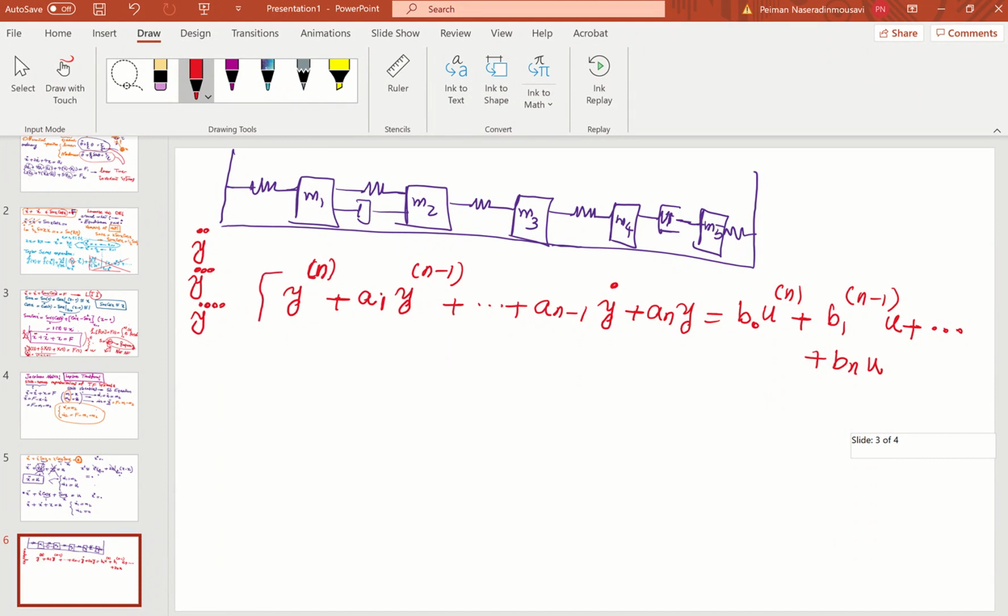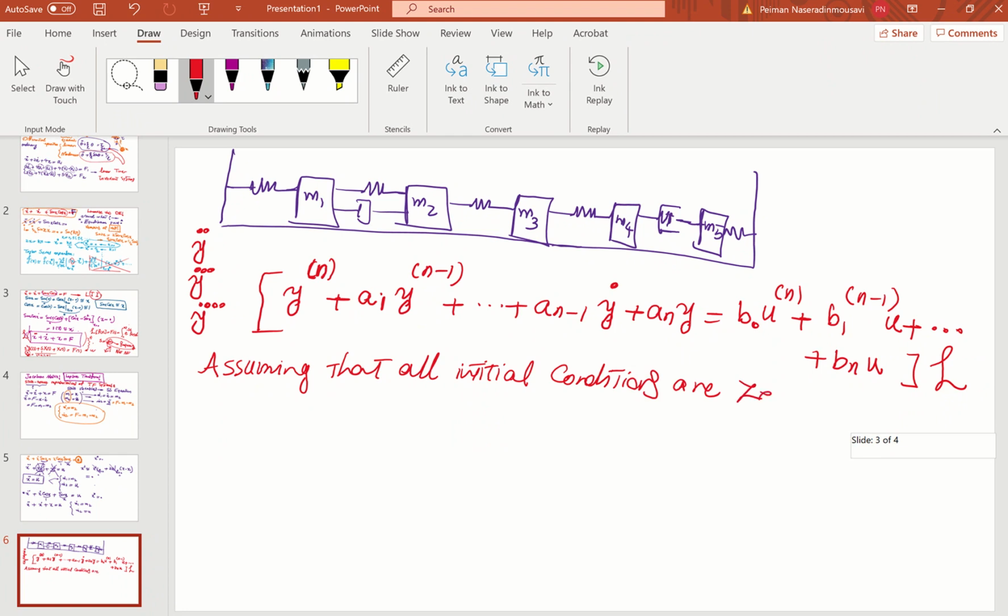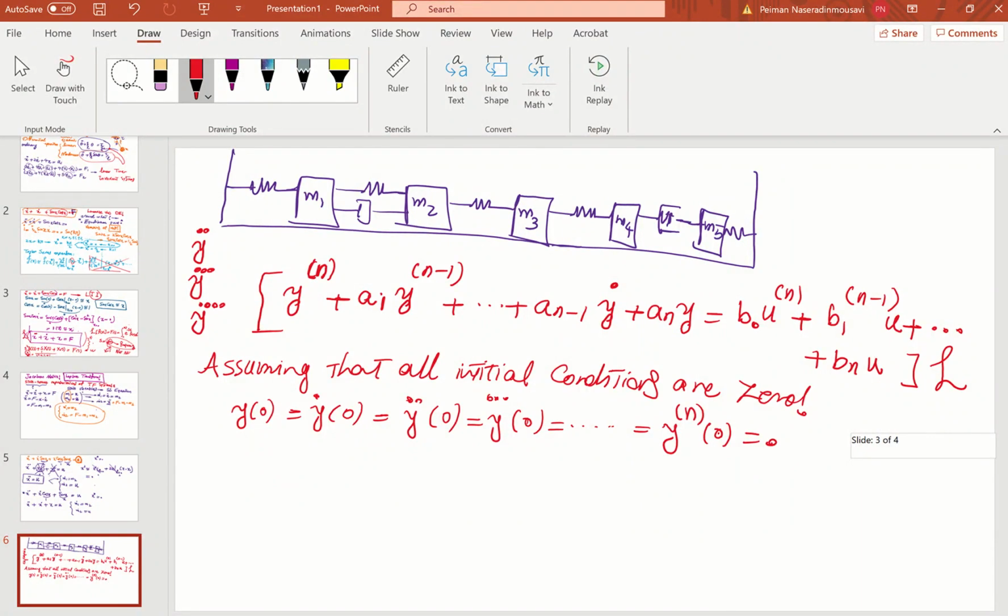So if I apply the Laplace transform that I told you about, by assuming all initial conditions are 0, meaning y at time 0, y dot at time 0, y double dot, y triple dot, up to y^(n) at time 0 are all 0, you can expand the transfer function as in undergraduate control.